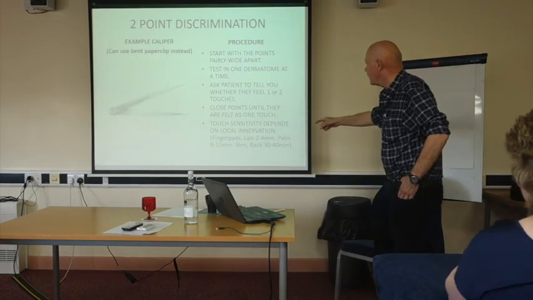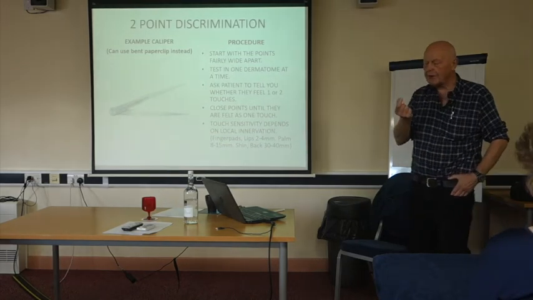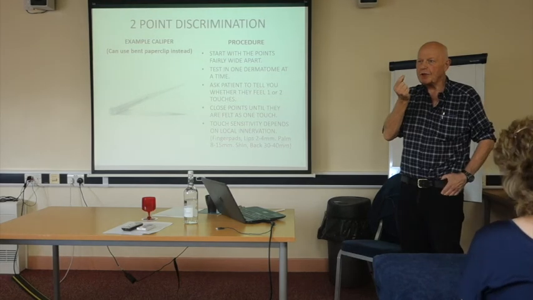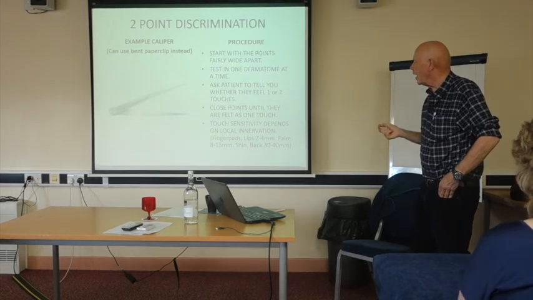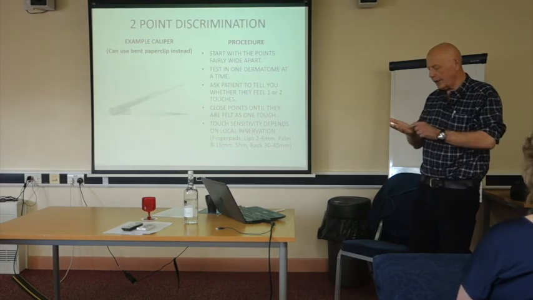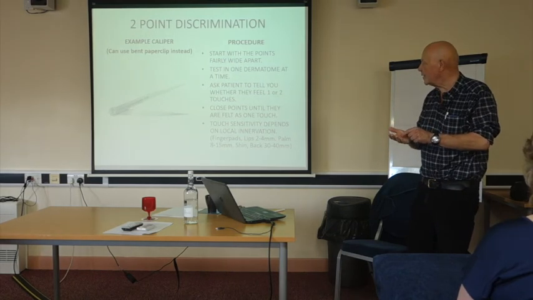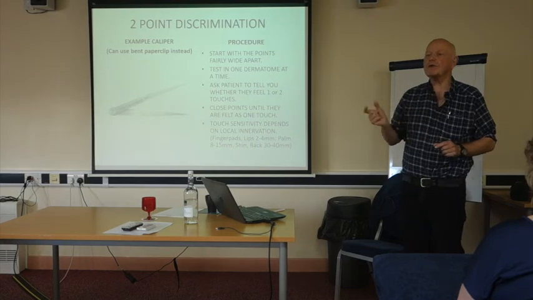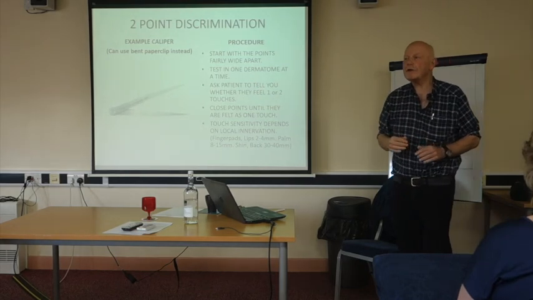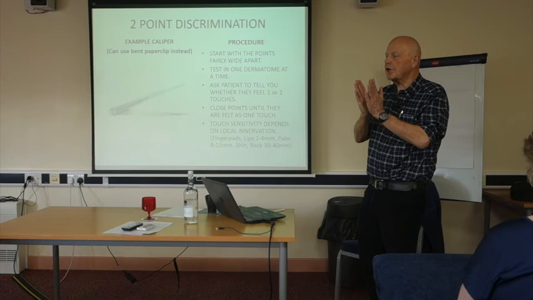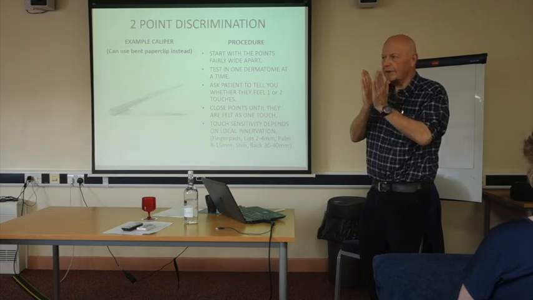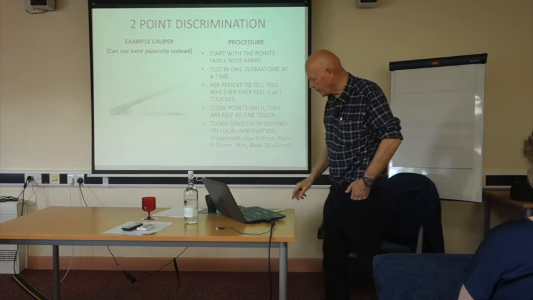On their finger pads and lips, you should be able to feel it as 2-3 millimetres apart. On the palm, it's a bit bigger, 8 to 15. On the shin or on the back, 30 or 40 millimetres. Just depending how much cortex is devoted to the sensation from that area.